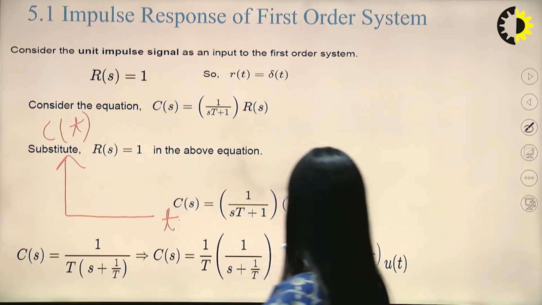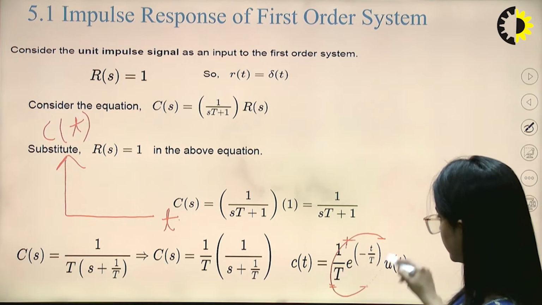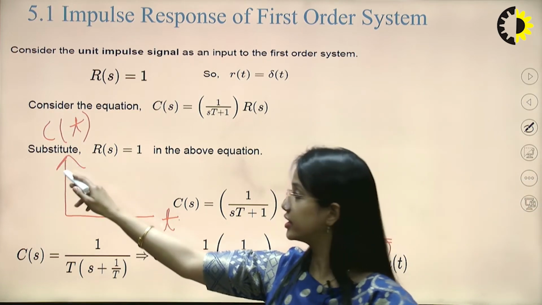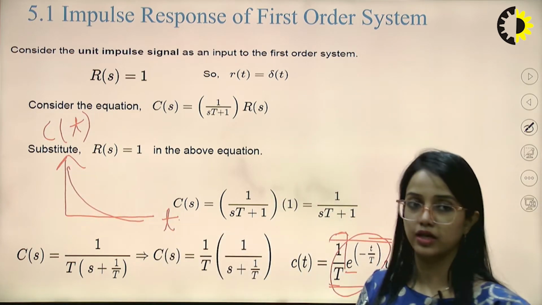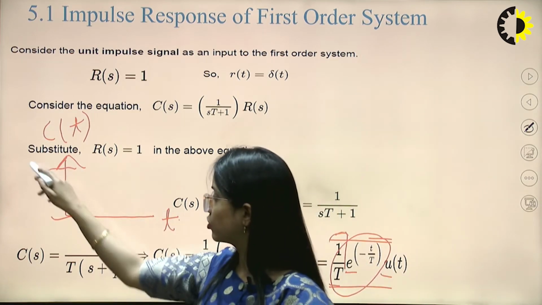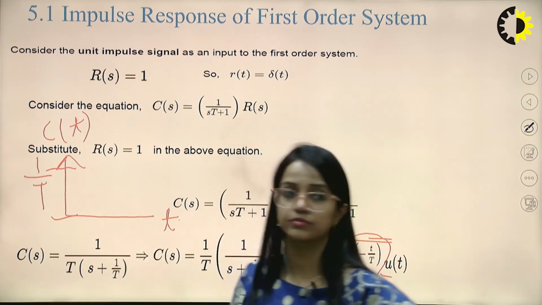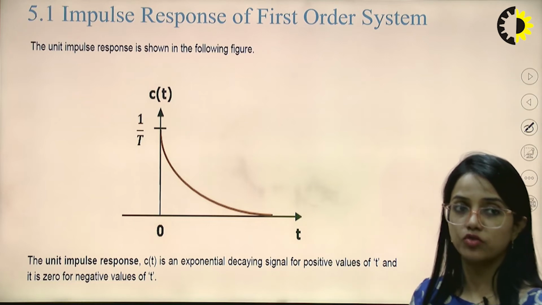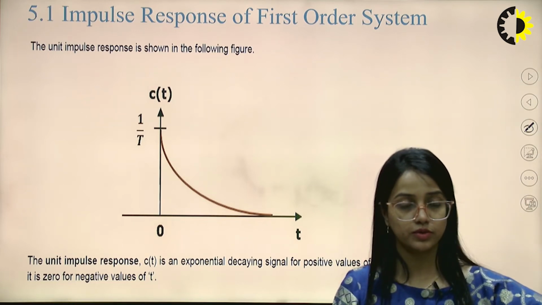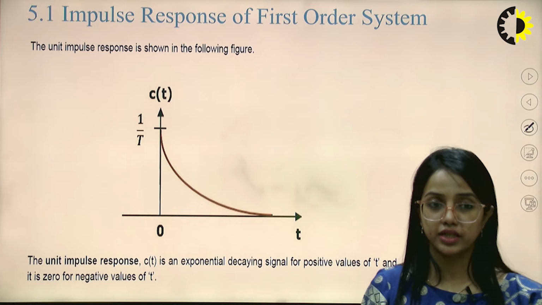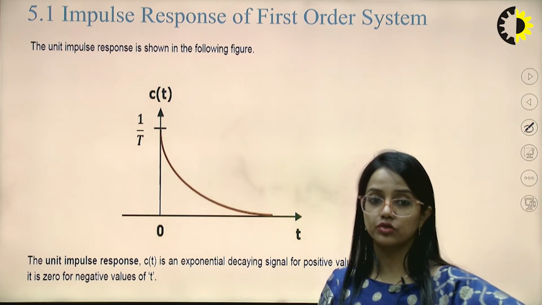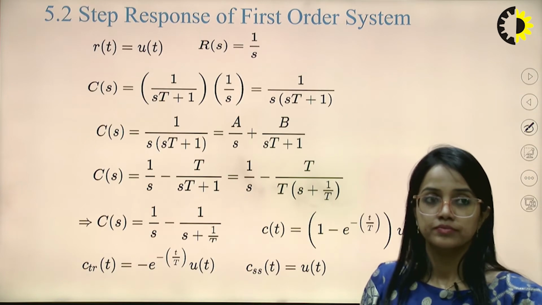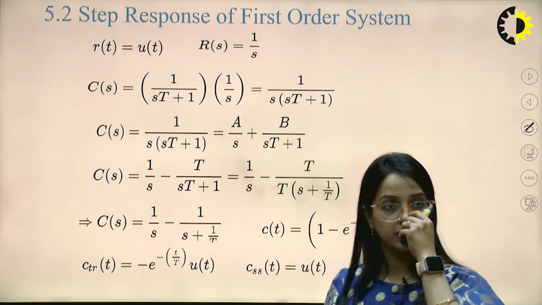Since it is e raised to the power minus t by T, it is an exponentially decaying function like this, and the intercept has to be 1 by T. We can see in this diagram the unit impulse response is shown in the following figure. The unit impulse response c(t) is an exponentially decaying signal for positive values of t, and it is 0 for negative values of t.